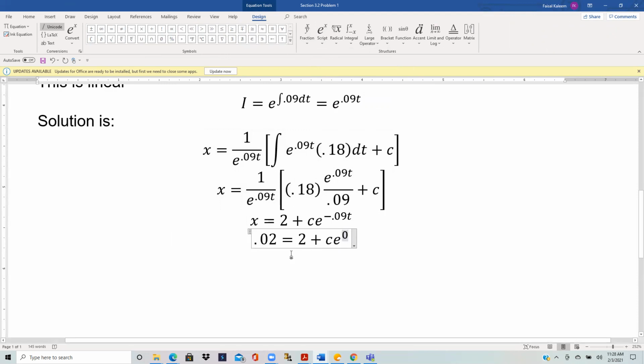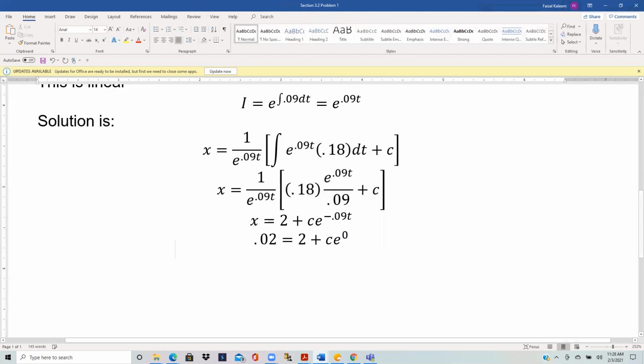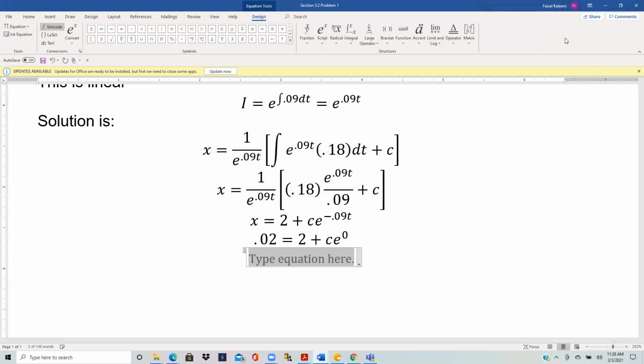E to the 0 is 1, so 0.02 is equal to 2 plus c. This one just goes away. And c comes out to be 0.02 minus 2, which would be negative 1.98.